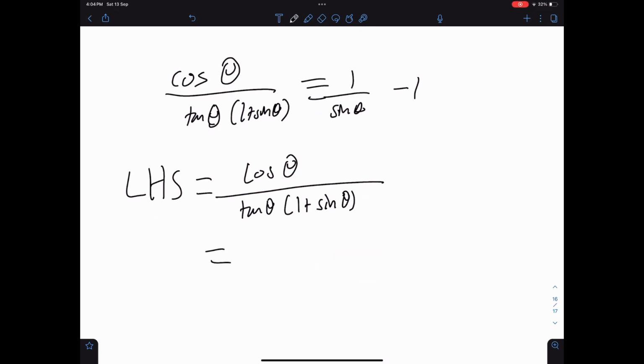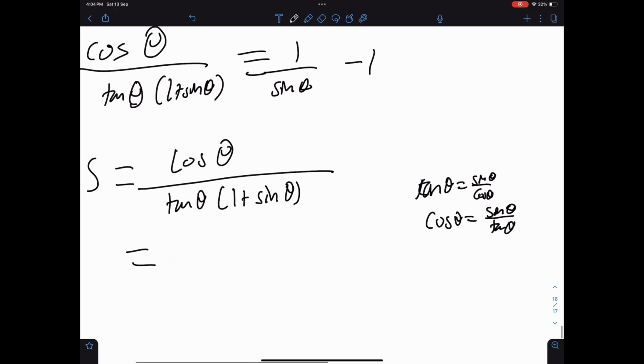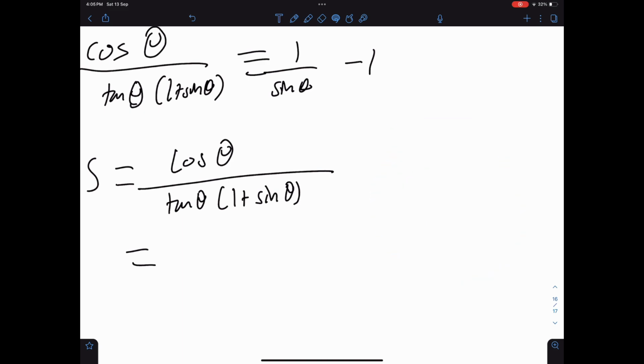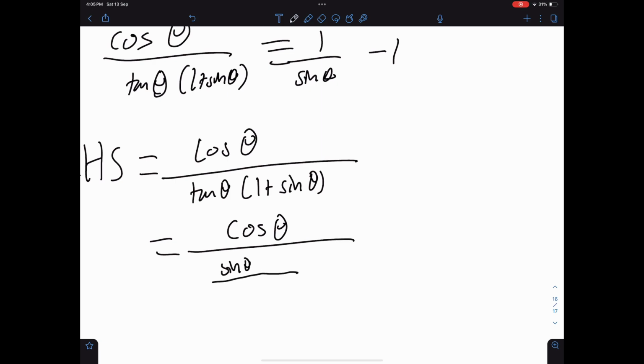And remember that tan theta equals sine theta over cosine theta. So cosine theta is sine theta over tan theta. Or that. Well, tan is sine over cosine, so probably we'll do that instead. We'll replace tan with sine theta over cosine theta.